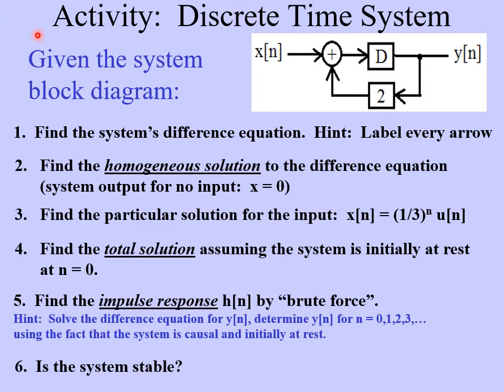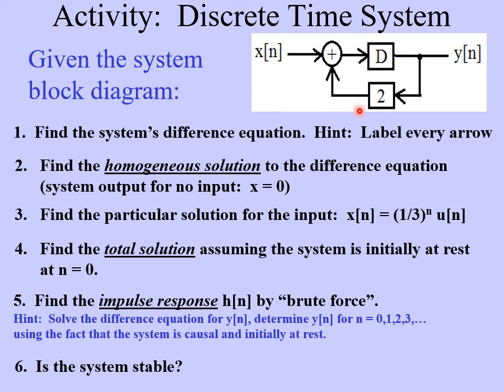Okay, the last thing we're going to do here is, again, have you guys practice using what you learned. This problem activity, this discrete time system, don't worry, it won't be anywhere near as complicated as the last example we just did. The roots won't be complex. They'll be real roots, so it'll be much easier to work through.